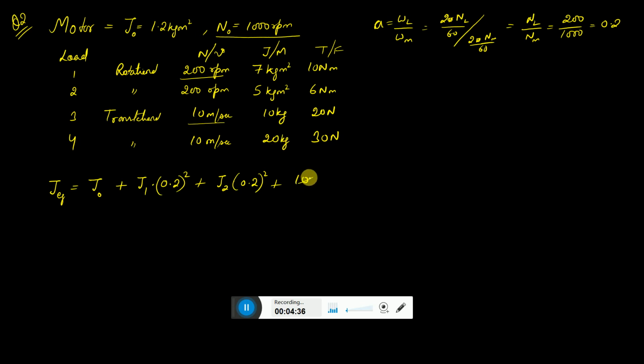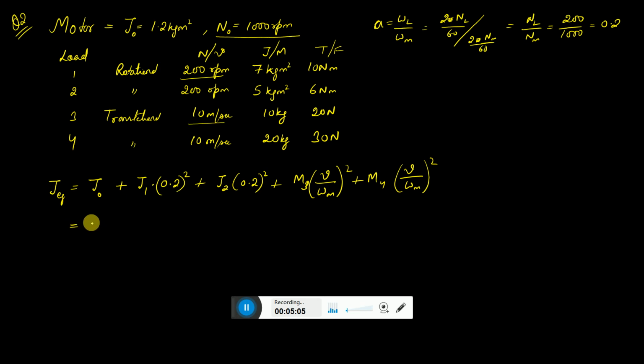So let me write here mass M3, the velocity is V by omega M whole square, and the fourth load M4 having the same velocity by omega M whole square.